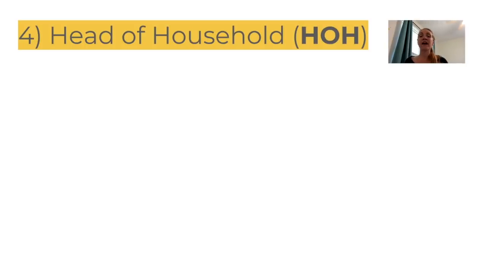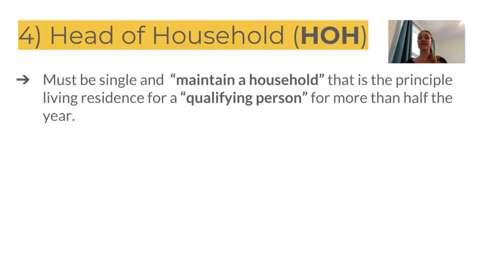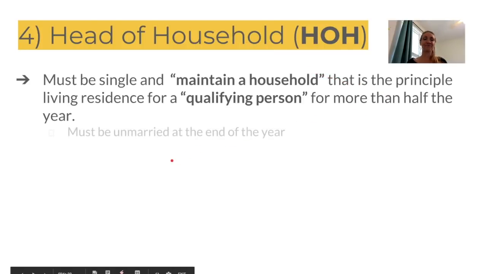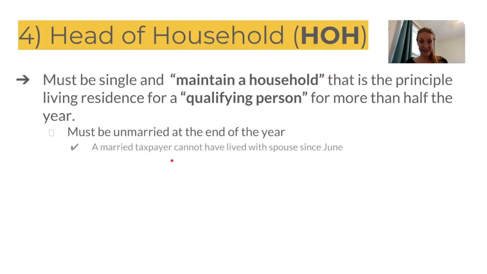Number 4 is head of household, and the amounts for head of household are basically in between single and married because they give you credit for maintaining a household for a dependent person called a qualified person who lives in that home for more than half the year. So this is the general definition. So you must be unmarried at the end of the year. A married taxpayer cannot have lived with a spouse since June. There is an exception that allows a married taxpayer to be able to file if this is the case and they are truly separating.